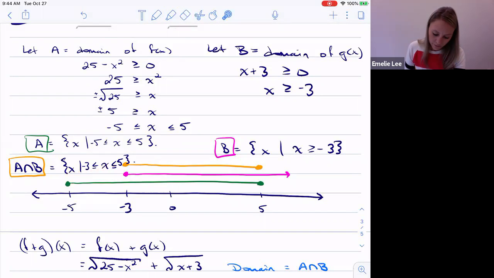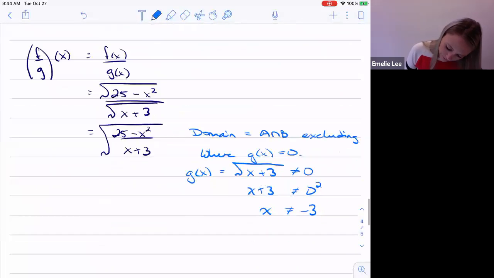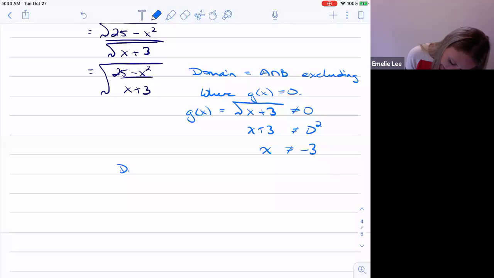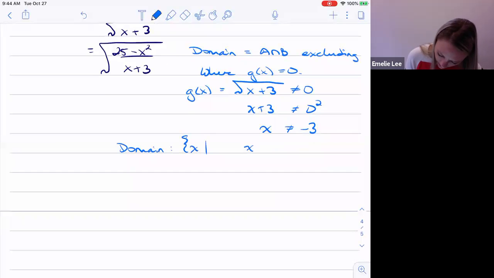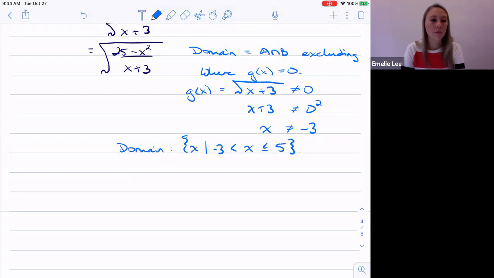So now we're going to alter this just slightly for the domain. So the domain is the set of x such that x is greater than negative 3 and less than or equal to positive 5.